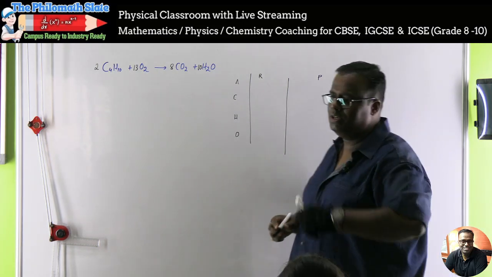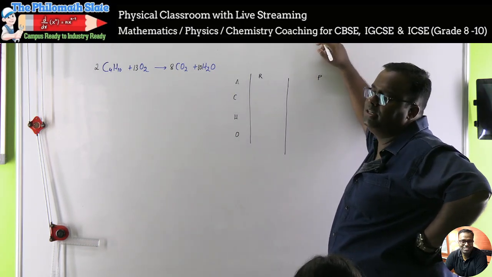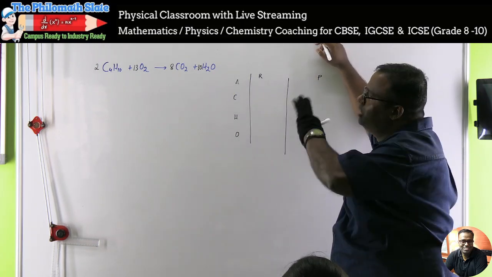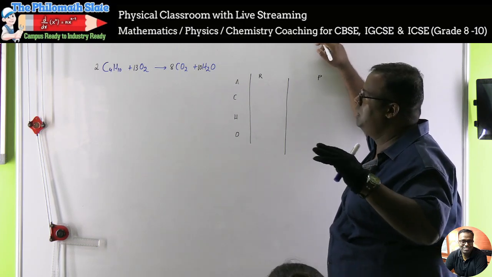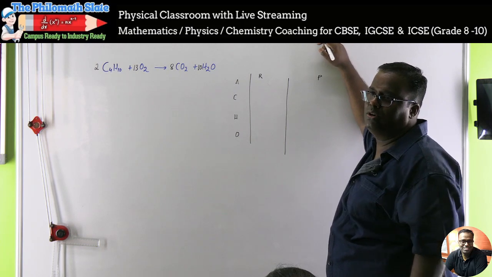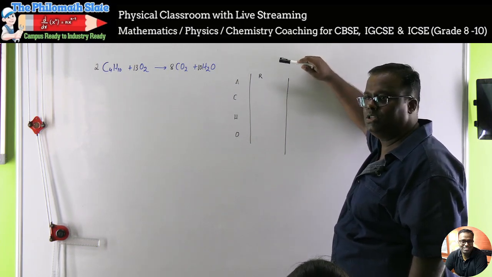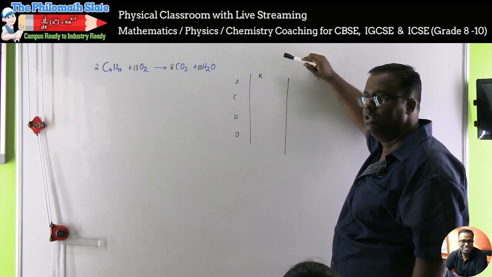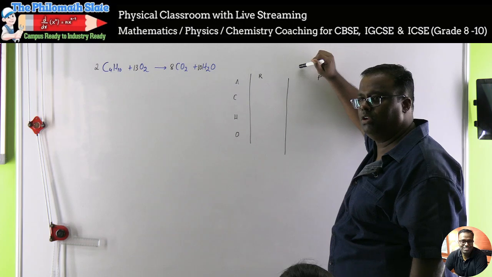Otherwise, you tell me, what method do you do in school? Hit and trial? How do you write in hit and trial? Okay, like Sarthak has solved this problem with hit and trial. Let's agree. Now, Sarthak, you tell me, how has the teacher told you to write your answer? Just the balanced chemical equation? No, with the column. Yeah. Now, since you have done it with hit and trial, you can make the column and do it.